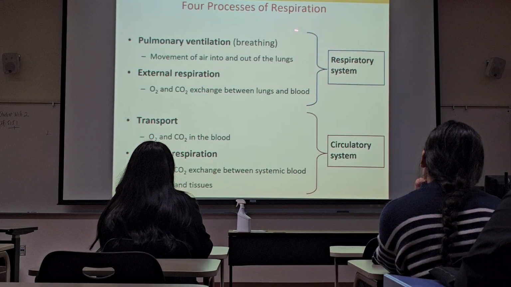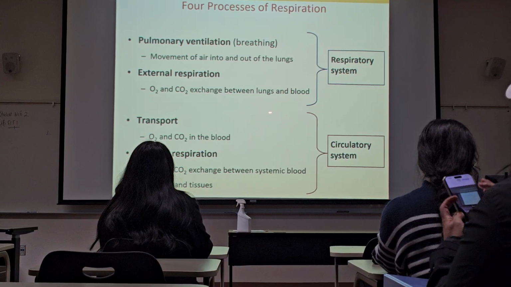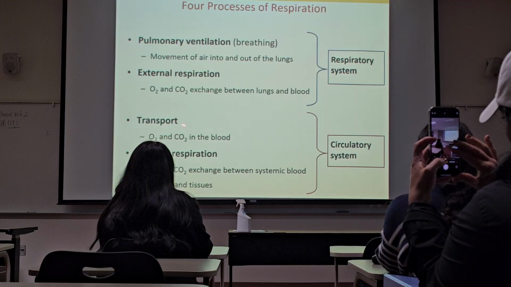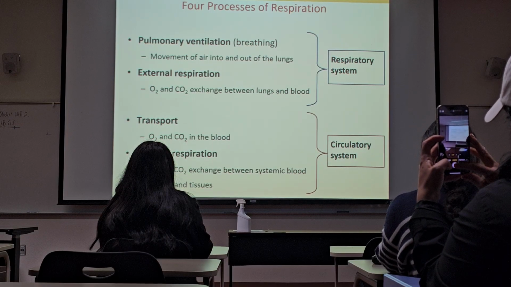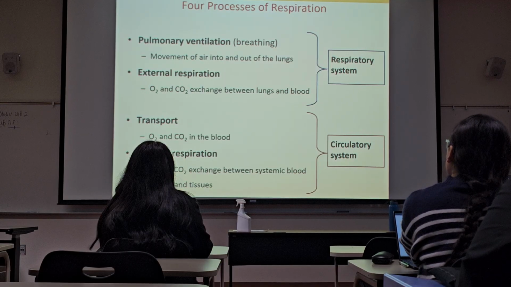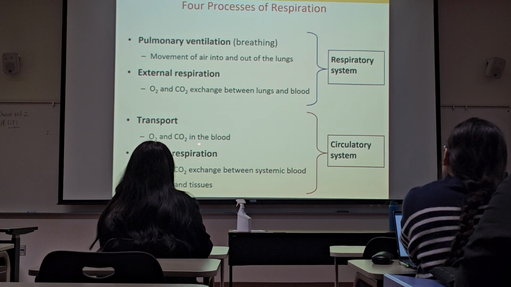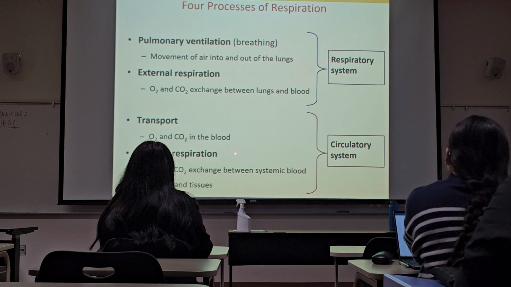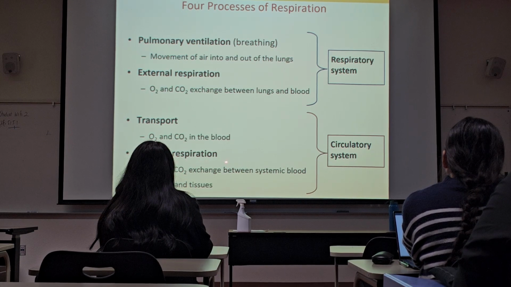But included in the process of respiration is what's happening internally, okay? So we have the transport of the oxygen, as well as carbon dioxide that we have to get rid of. That's getting transported through the blood. And then we have internal respiration.